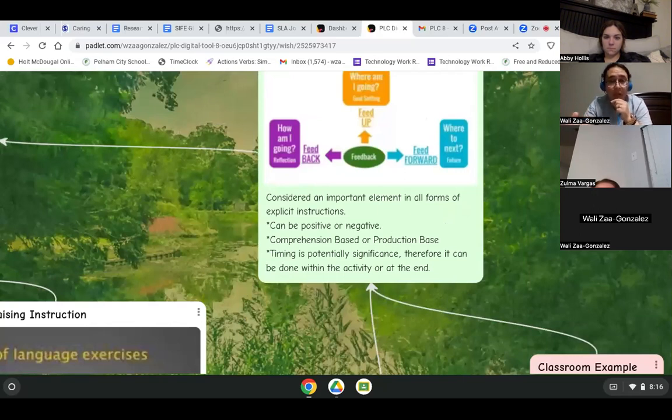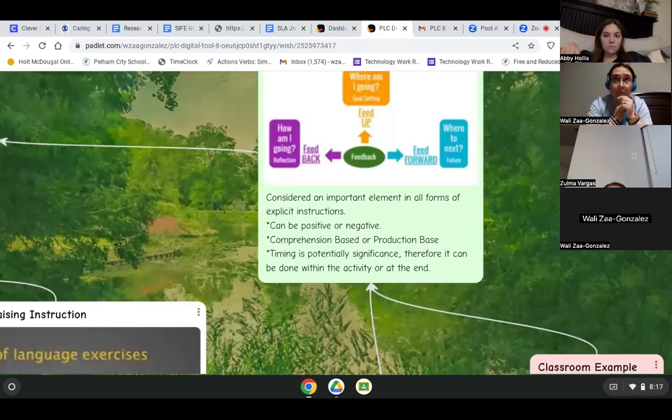Like Suma already explained to us, corrective feedback can also be comprehension based or production based. Comprehension based is when you indicate if the learner has done correctly in the input, or production when not only do you allow the learner to see the mistake or if the structure that they created is correct, but you also show them the right one. Timing for the feedback is very important.